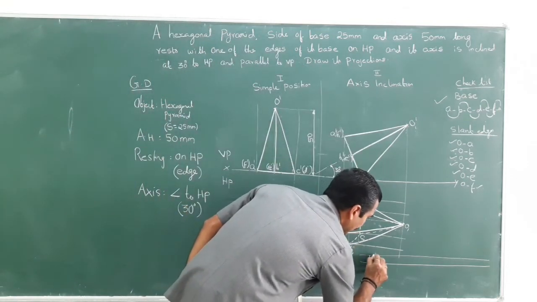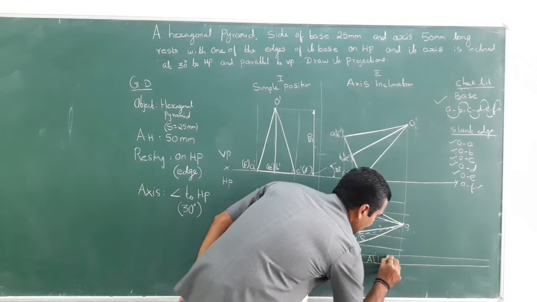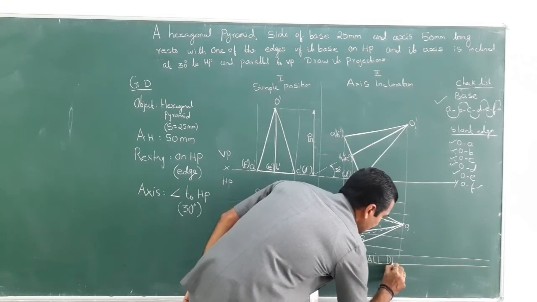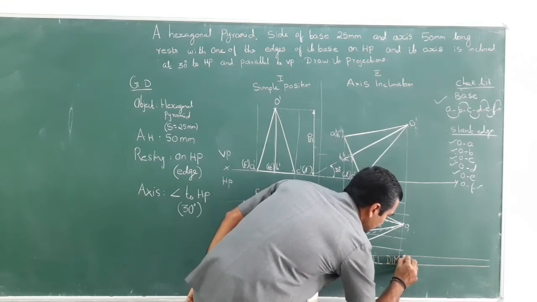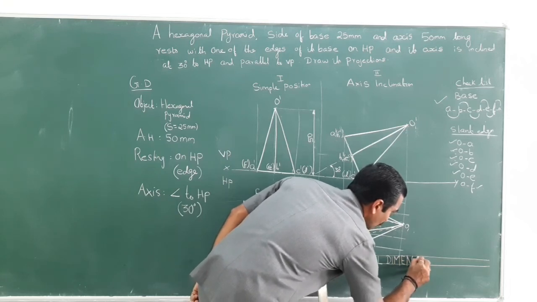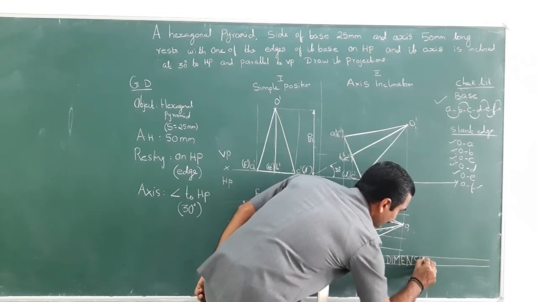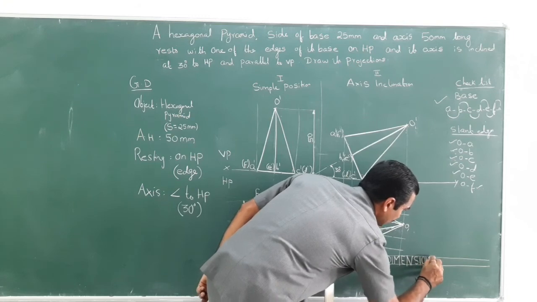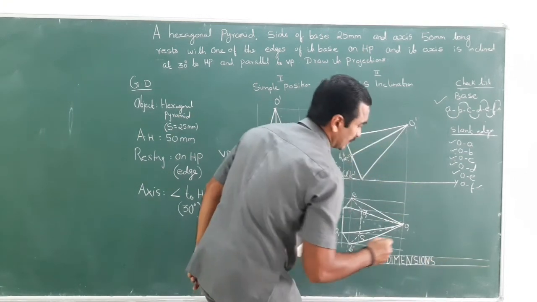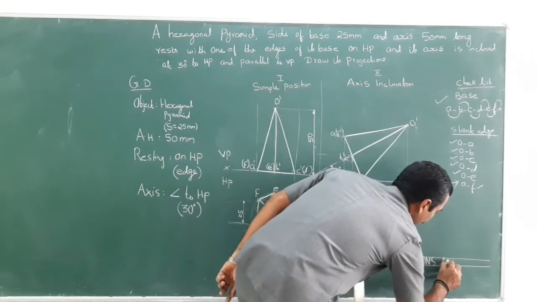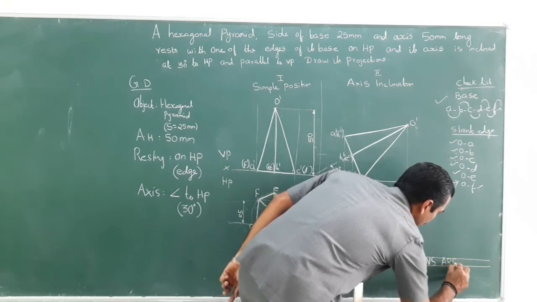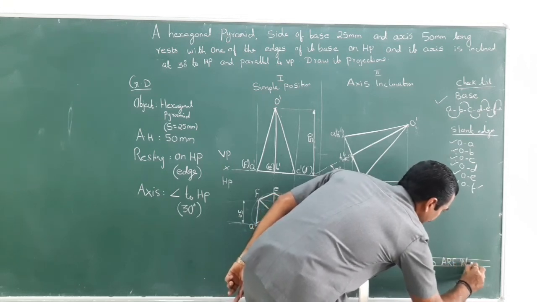So the dimensions I considered for constructing the projections are in mm, isn't it? Whatever dimensions are considered to complete the drawing, the unit of dimension is mm.